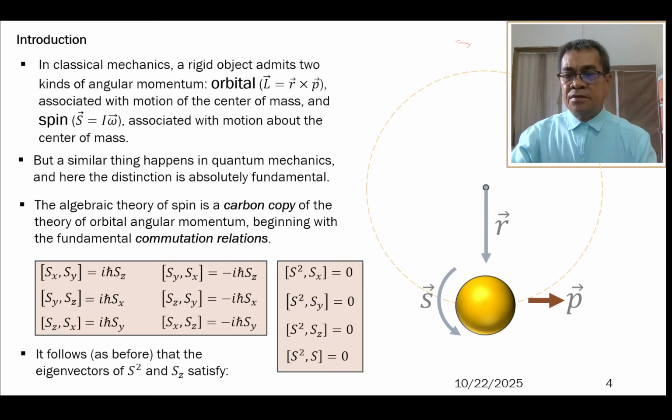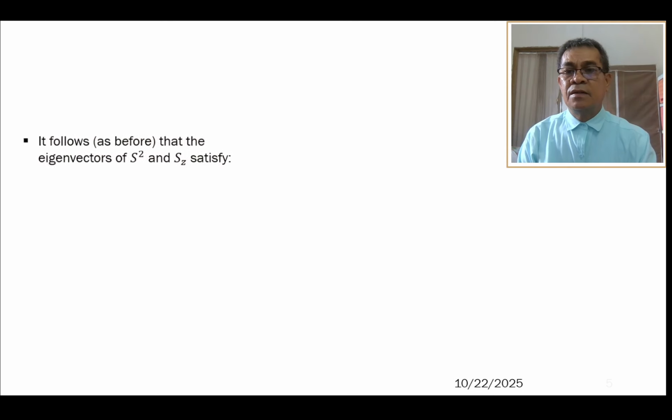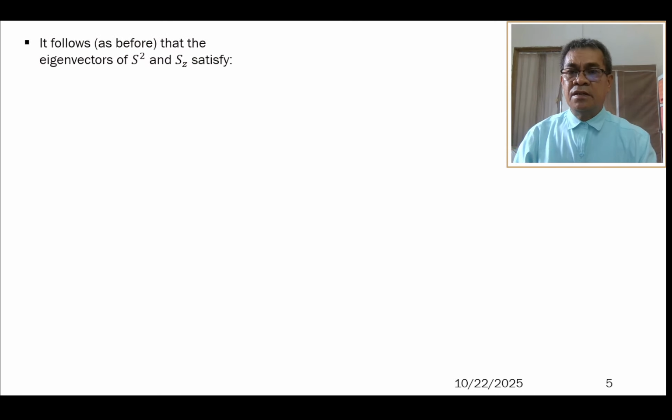Okay, so this relationship can be derived using our previous knowledge. Again, S squared and Sz are compatible.